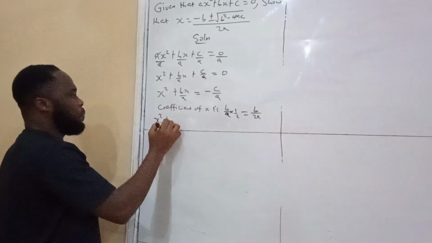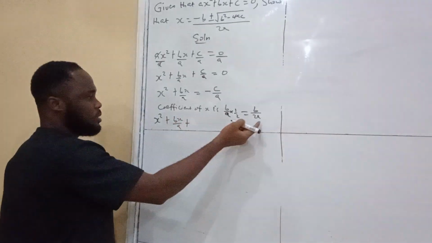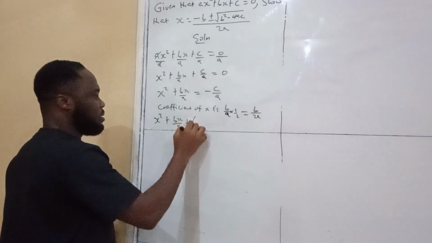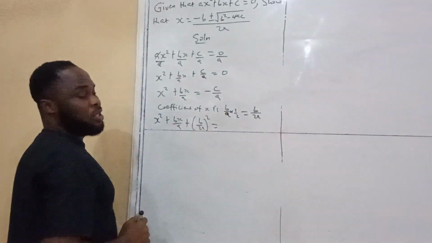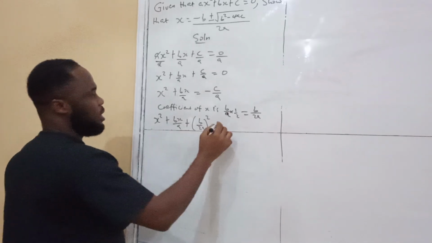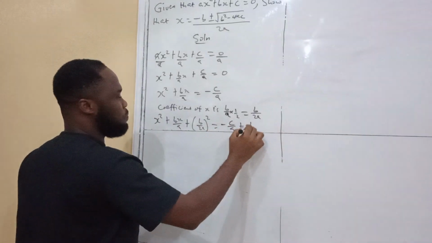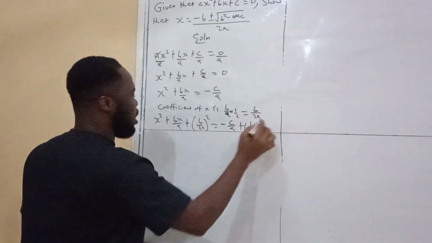So let's go. x squared plus bx all over a plus the square of b over 2a on both sides, equals minus c over a plus b all over 2a all squared.